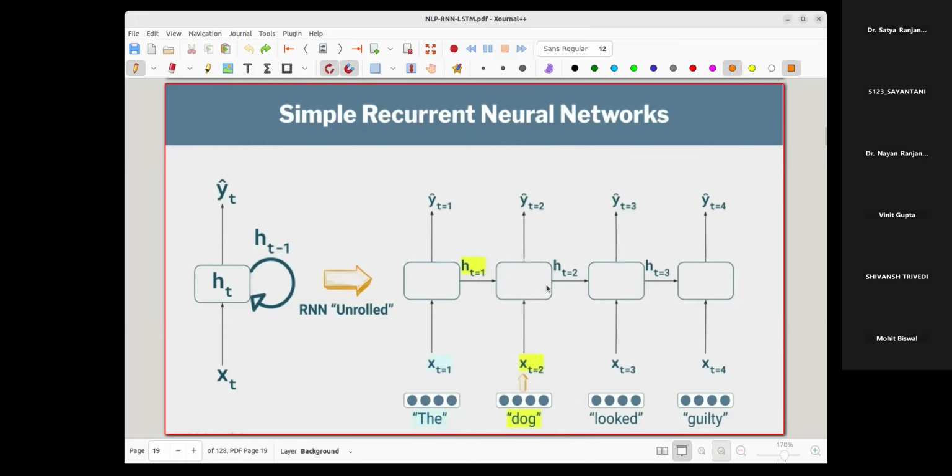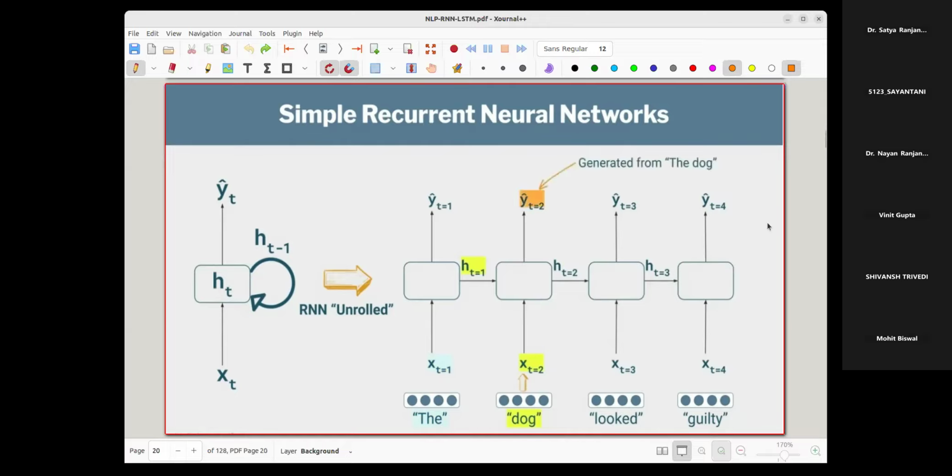Now the and dog information is there, and it is passed through ht equals 2 to the current time step 3. When it processes looked, it does not process looked as a single word, rather it processes looked along with the previous information which is captured by ht equals 2. And like this it processes, and at every time step you can get one output.